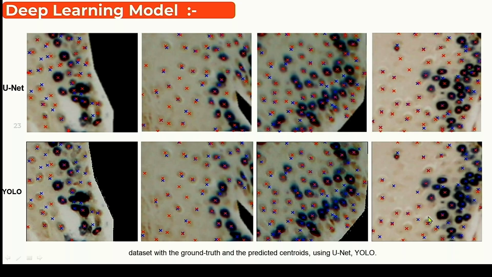We can see here the difference between YOLO and U-Net. YOLO is the best at selection, finding more of the ground truth cells.